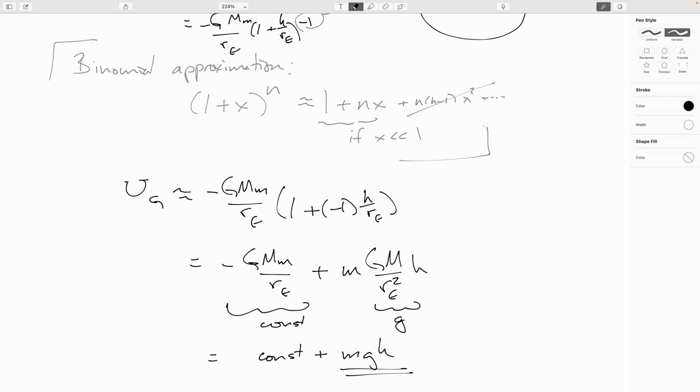Anytime you come up with a new model for something, it has to match the old model where the old model worked. So here, near the surface of the Earth, Newton's law of universal gravitation, universal because it's the same in the heavens and on the Earth, turns into F equals mg and U equals mgh near the surface of the Earth, which is what we had seen before.